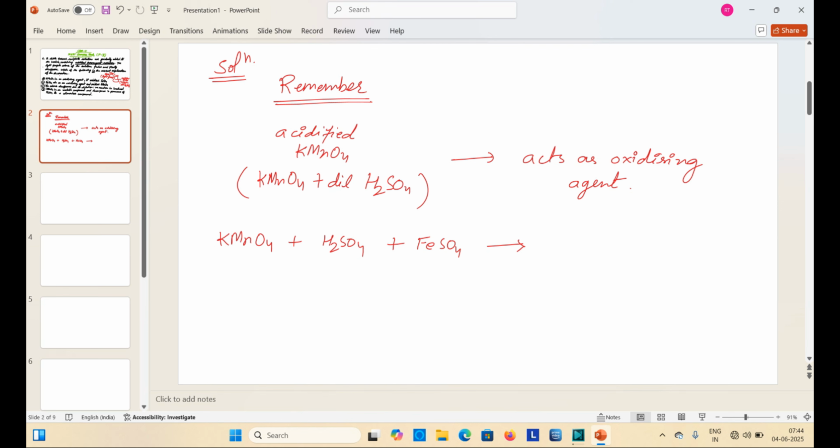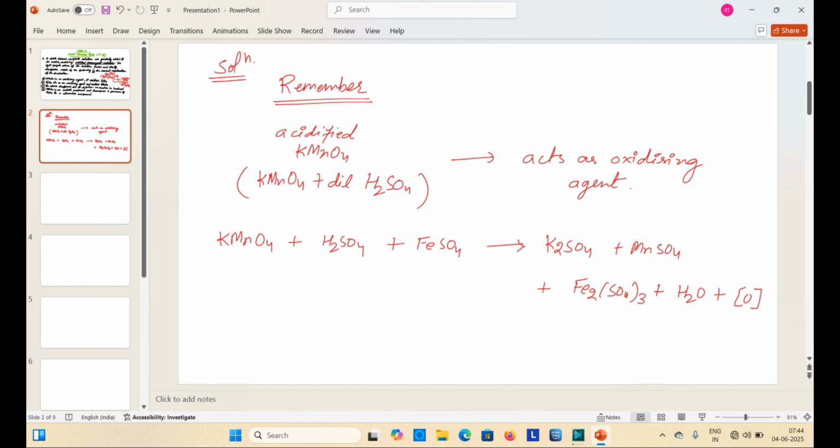When you add this FeSO4 in this acidified permanganate solution, in the products you will get K2SO4, MnSO4, plus Fe2(SO4)3, plus water and nascent oxygen, as it gets oxidized.